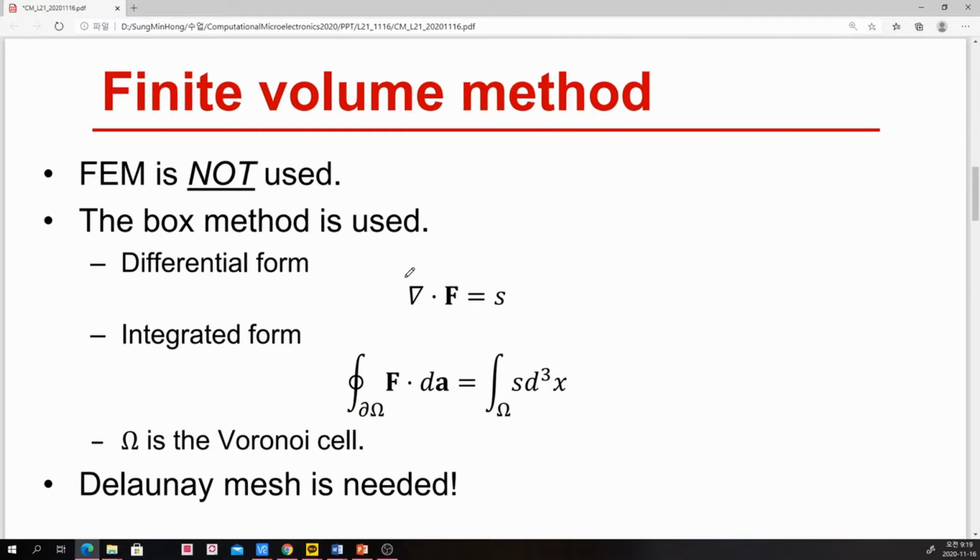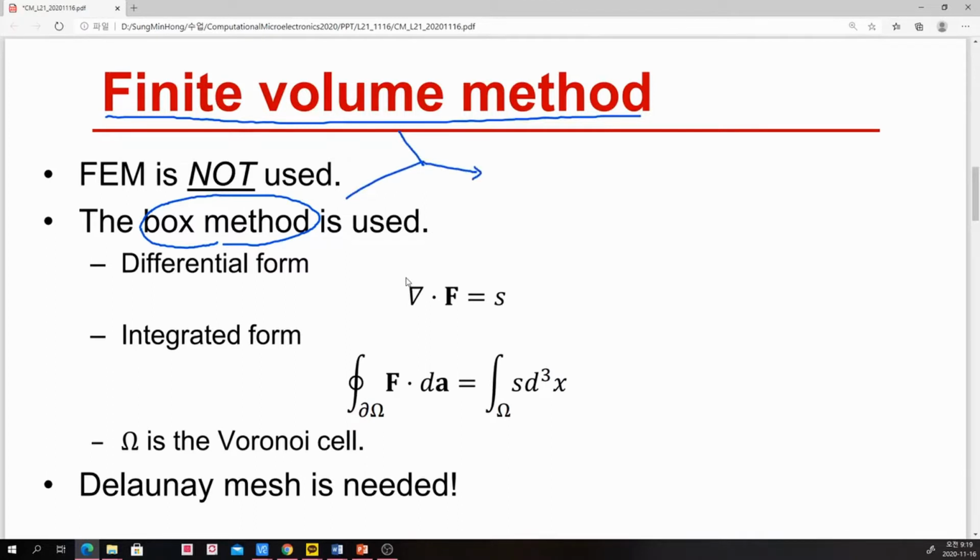In this slide, we are talking about the box method. Fortunately, we have already covered it, so let's just review it. The box method is frequently called the finite volume method. These are two different names for the same method.